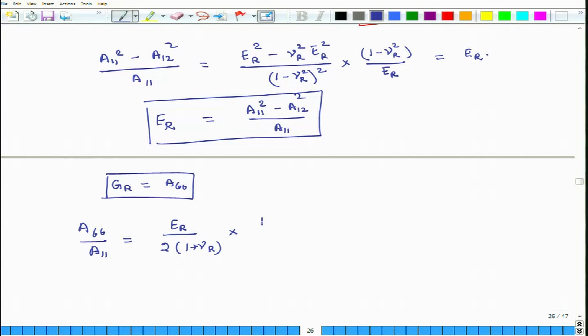A11 is ER over 1 minus nu R square. So, this is on the denominator, ER cancels out. So, what we are ending up with is 1 minus nu R divided by 2. So, Poisson's ratio for a randomly oriented mat is equal to 1 minus twice of A66 divided by A11.